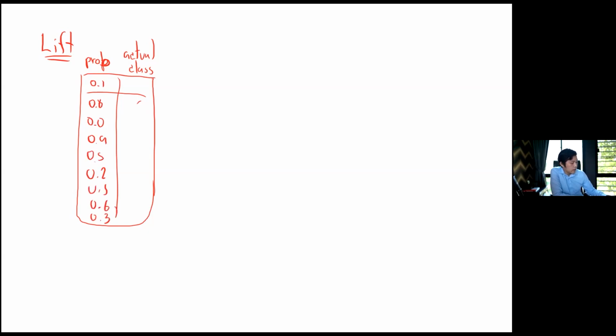Okay, and then say we have the actual class of yes, yes, no, yes, no, no, yes, yes, no. Yeah, let's say the actual classes are like this, and then we have probabilities that look like that.